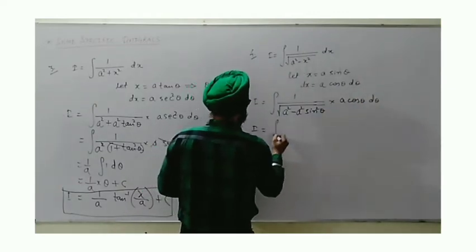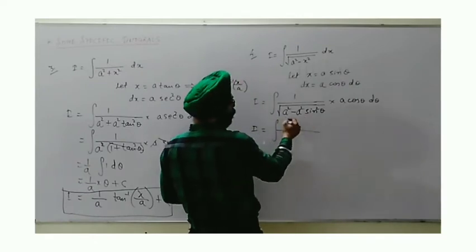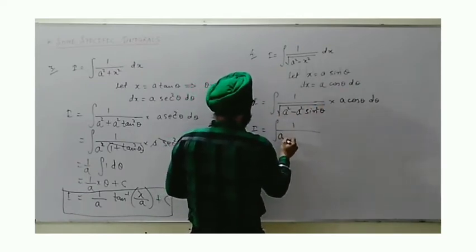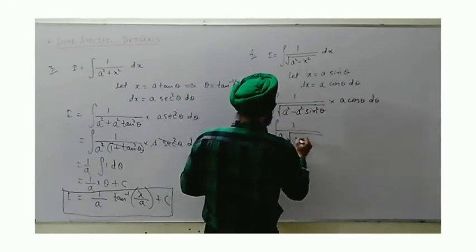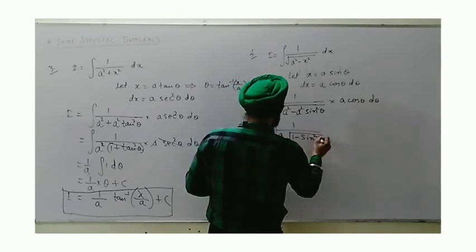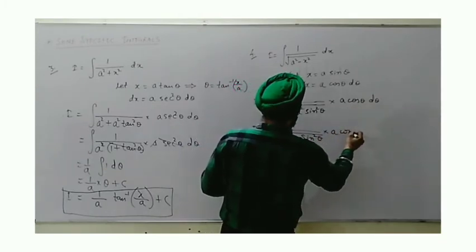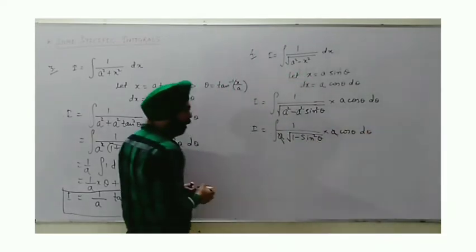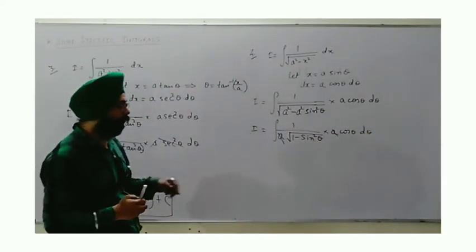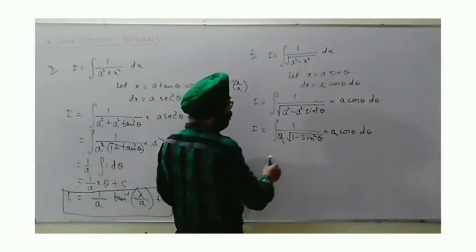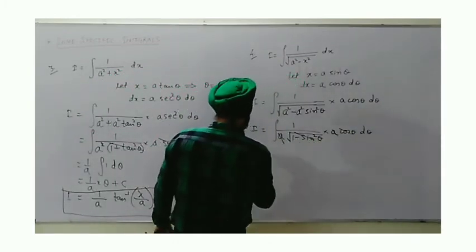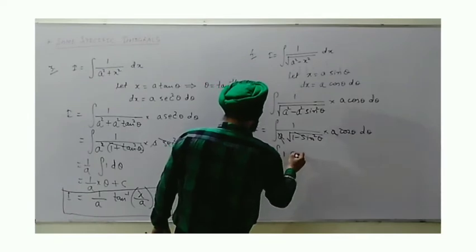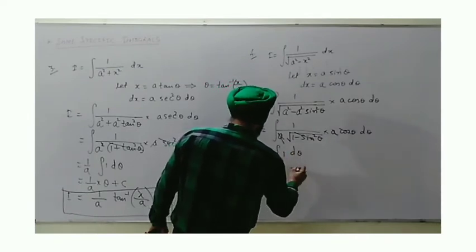This can be written as 1 upon under root a square common, but since the square root is given, we will have only a common and be left with 1 minus sin square theta, a cos theta d theta. So this a and a cancel out. Also, we know cos theta is equal to under root 1 minus sin square theta. So these two cancel out. We are left with only the integration of 1, which is again theta plus c.